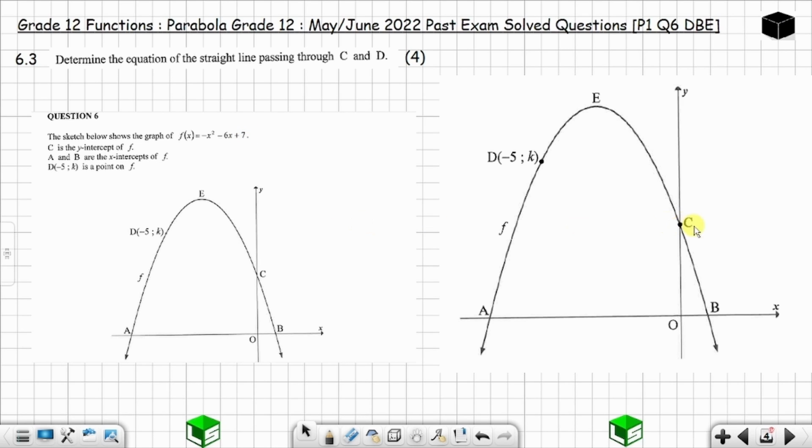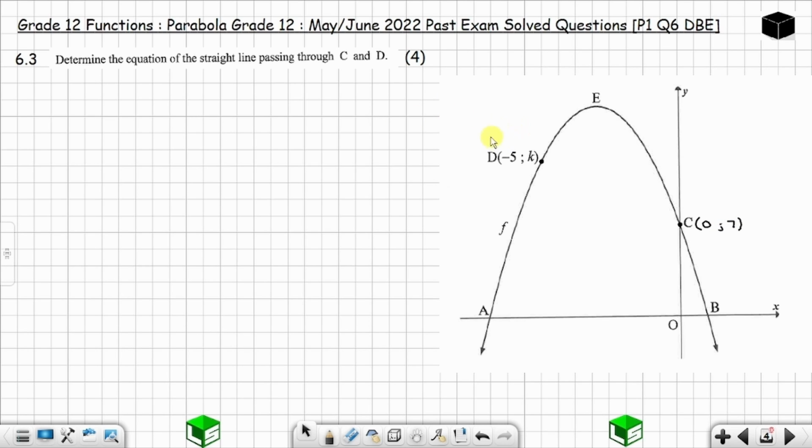So you know the coordinates of this point will be 0 and 7. This is your x and this is your y. Remember the second coordinate is your y, and your y is 7. And so you have this straight line from C to D.